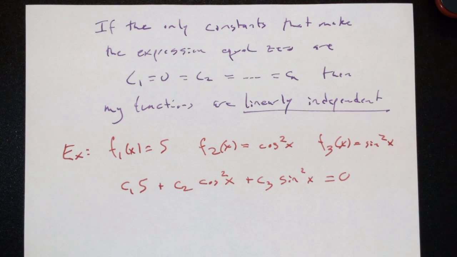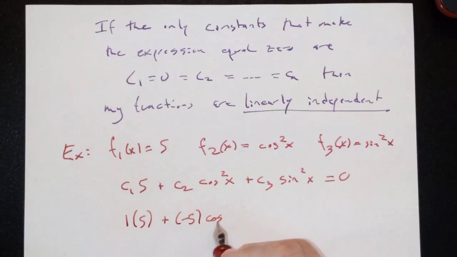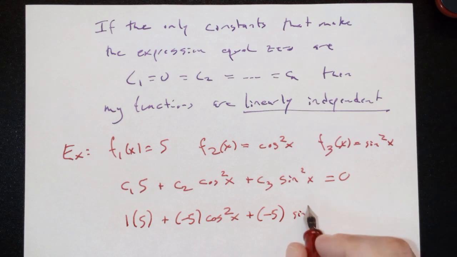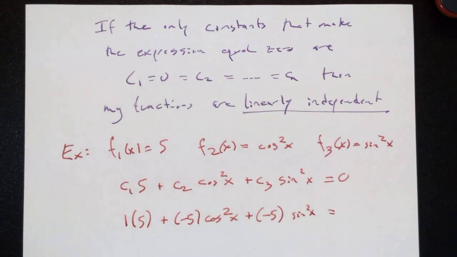Hang on a second. Two of my favorite functions are in here, cosine squared and sine squared. What happens when you add those together? You get 1. So what if I said 1 times 5 plus -5 times cosine squared plus -5 times sine squared? What's that equal to?